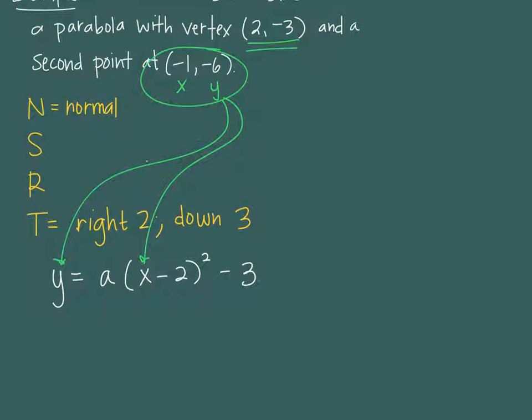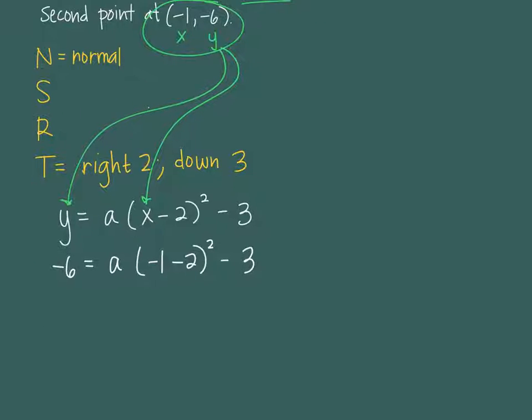So now I'm going to put in -6 for y. A is the stretch. I'm going to plug in -1 for x. And now I'm going to solve that. When you solve something, you always work with please excuse my dear Aunt Sally. So parentheses first. And so the parentheses give me -3.